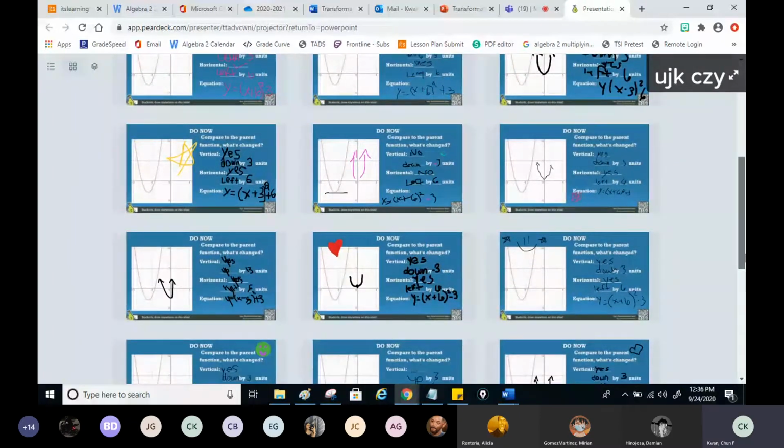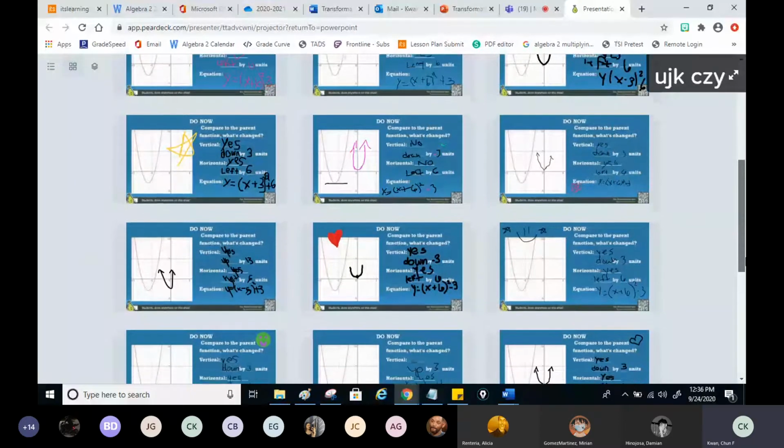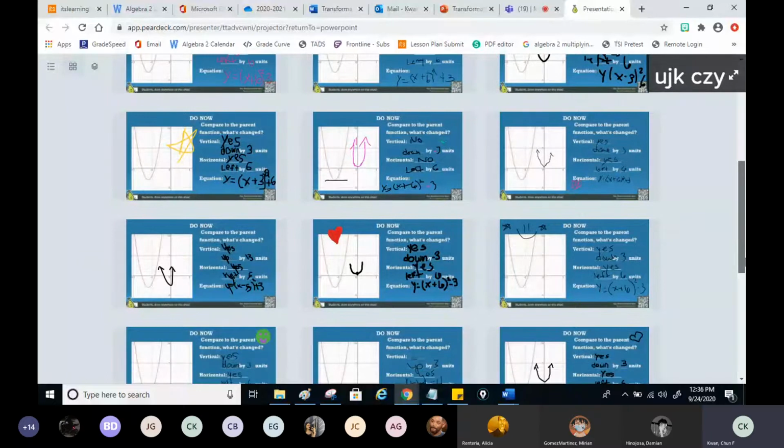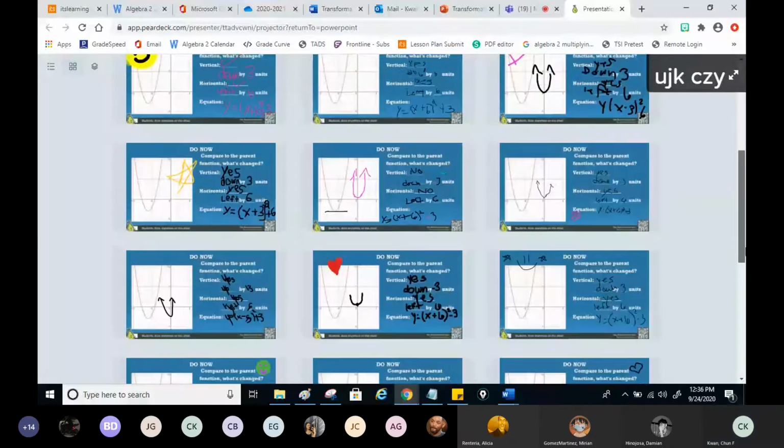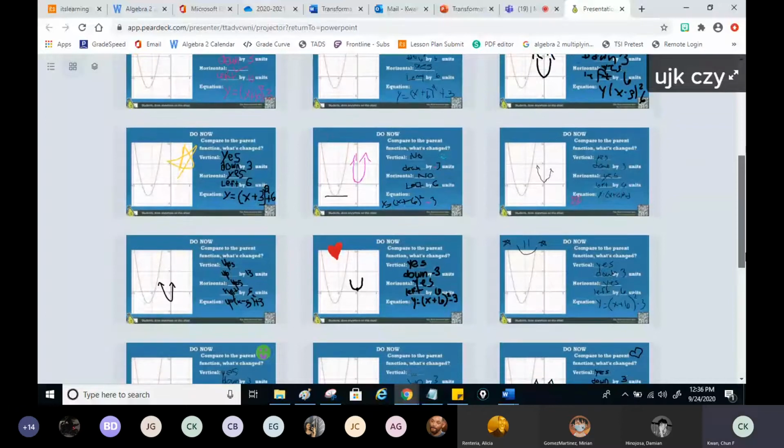All right, yellow star. Yellow star, I think you have the two numbers mixed up as well, okay? So inside the parenthesis, the H, that number shows you left and right. And then the number at the very back, that's up and down. Do you think you guys can correct that?